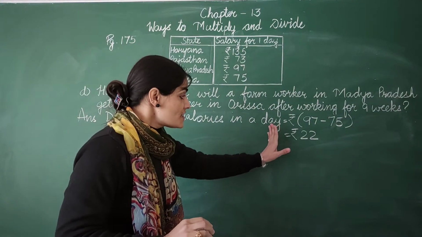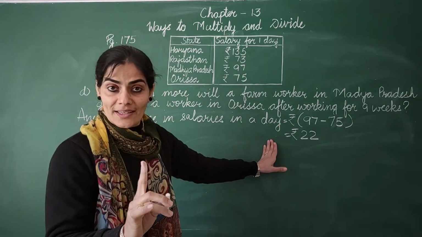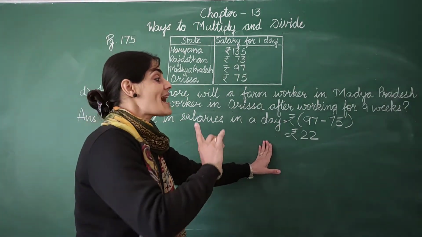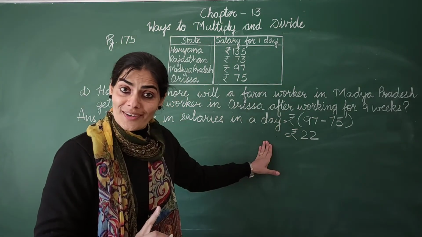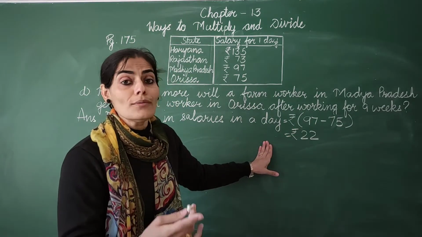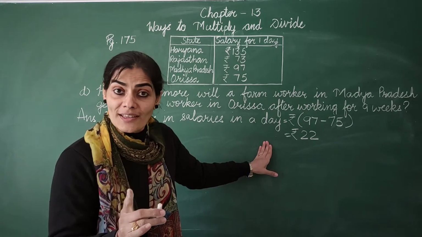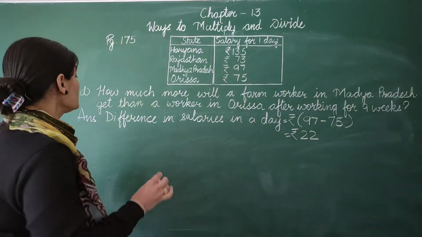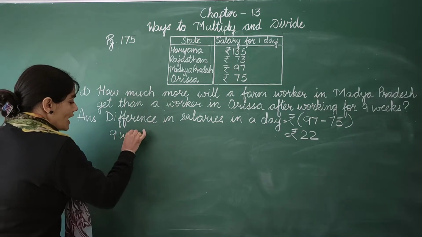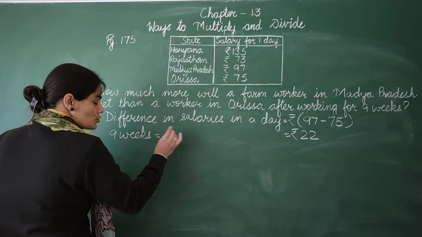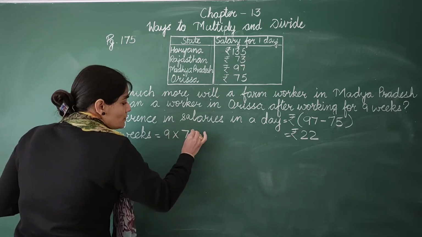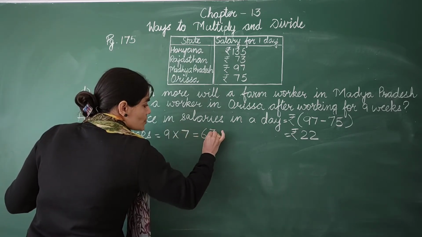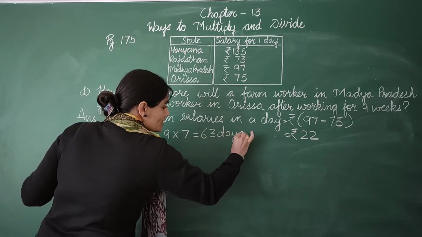So if this is the difference in 1 day, the difference in 9 weeks will be more. Fine. So we will have to multiply. But before that, we will convert these 9 weeks into number of days. That gives you 63 days.